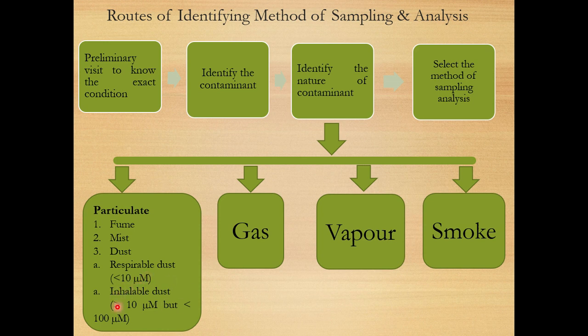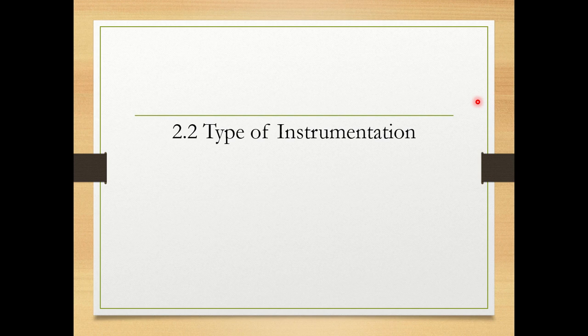Inhalable dust is dust that is larger than 10 micrometer but less than 100 micrometer. And then after you know the nature of the contaminant, you need to select the method of sampling and analysis. Okay, that is for 2.1.